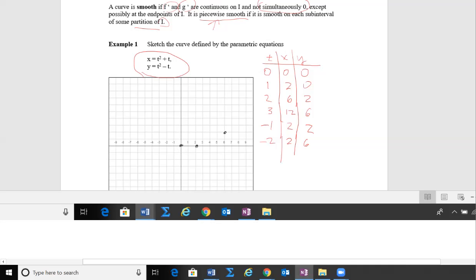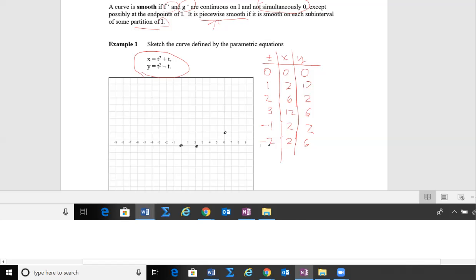Then 12, 6. Now that's way off my grid, so I'm going to have to rough that one in. 12 is way out here and we're up at 6, so about here.